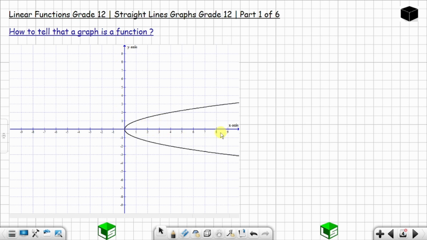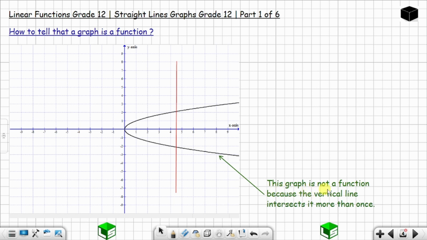Okay, so when you use the vertical line test, for example, this one, you can see the vertical line is cutting or intersecting the graph twice. It's intersecting there and there. So this graph is not a function because the vertical line intersects it more than once.